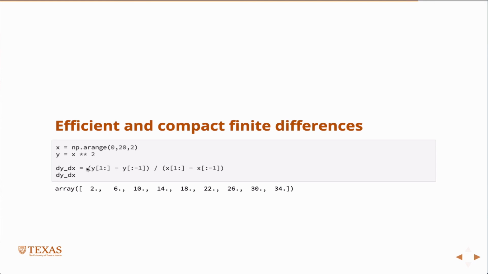Well, then I can just do it this way, where what this says is from the second entry to the end, minus the first entry to 1 from the end, right?